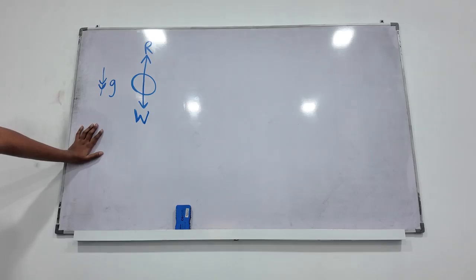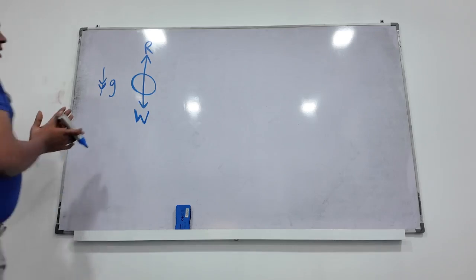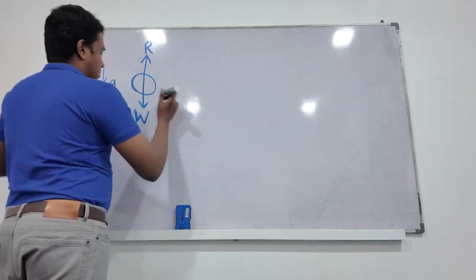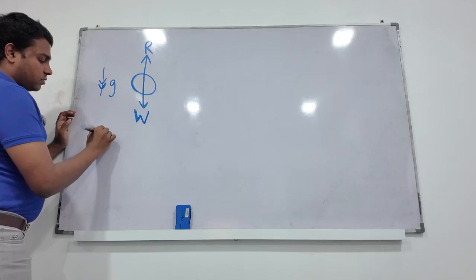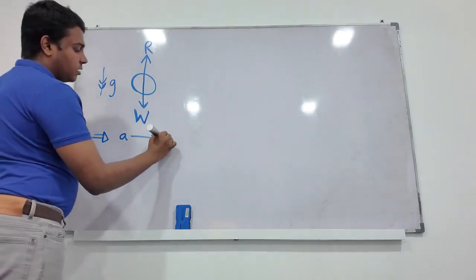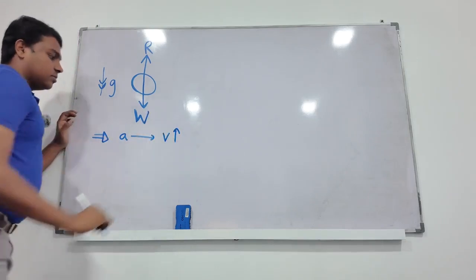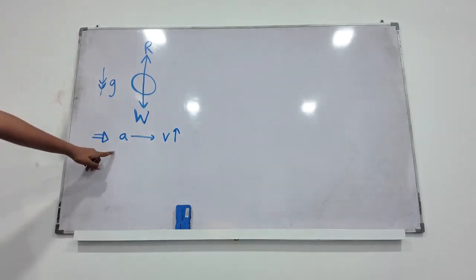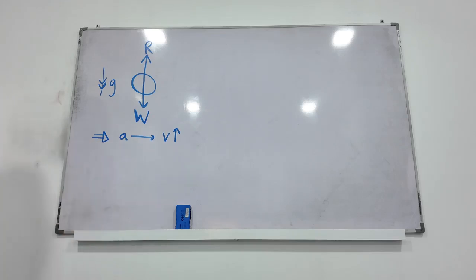First of all, its velocity is increasing, correct? For an object under acceleration, velocity is increasing. Remember these terms: a means acceleration, v means velocity.